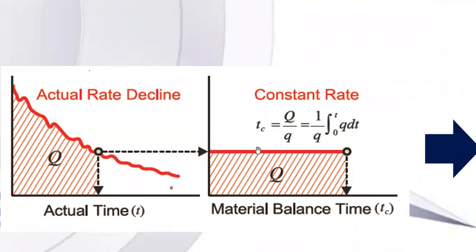So the material balance time is the time required to produce the same cumulative, as you can see highlighted in the area under this curve. This is the capital Q, which is the cumulative production. So material balance time at every point will generate the equivalent cumulative as if you were using the actual time.